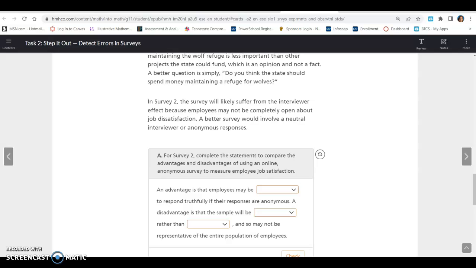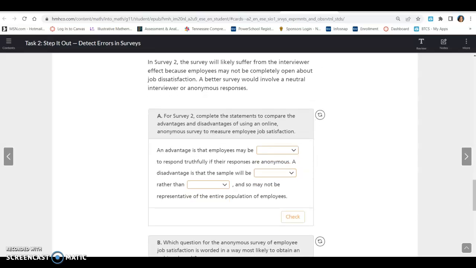Just ask the question and let people come up with their own conclusion. All right, in Survey 2, the survey will likely suffer from the interviewer effect because employees may not be completely open about their job dissatisfaction. A better survey would involve a neutral interviewer or anonymous responses.